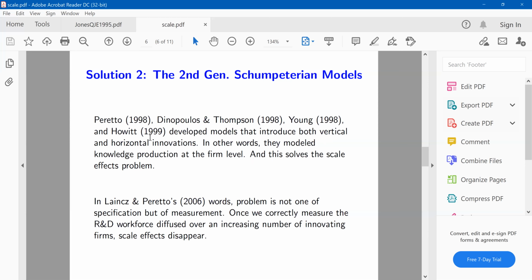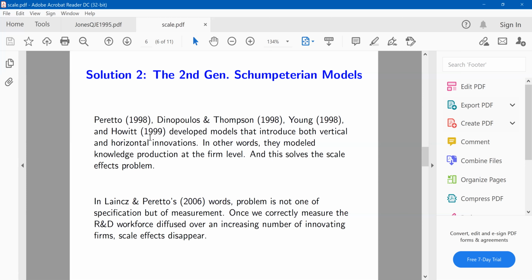In Romer 1990, the mechanism was horizontal innovation. There were new introductions of intermediate inputs as machines. And in the Aghion-Howitt version, it was the introduction of better machines, right? Vertical innovation. Now, in these second generation models, the theorists basically merged the two mechanisms.